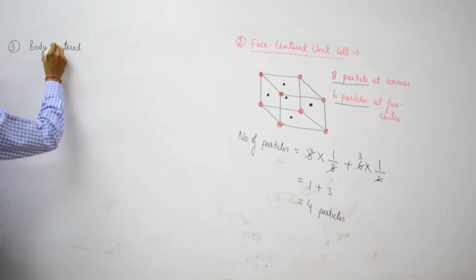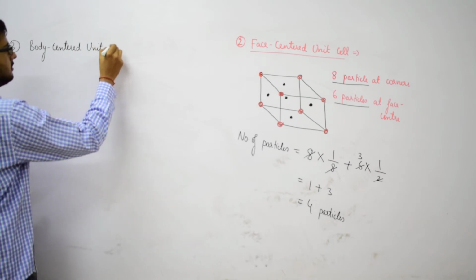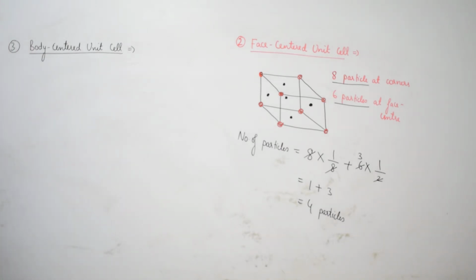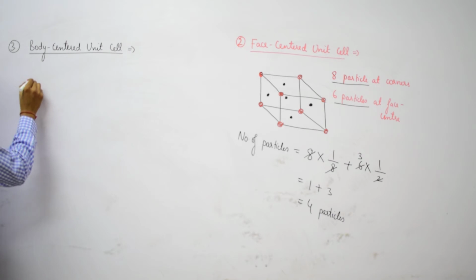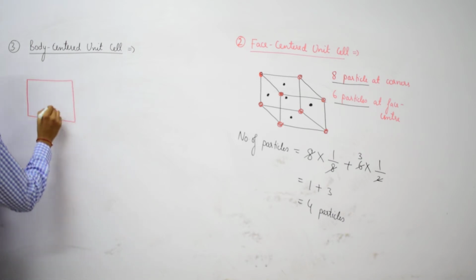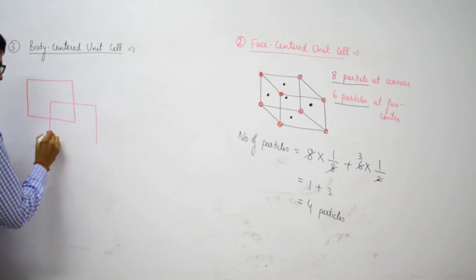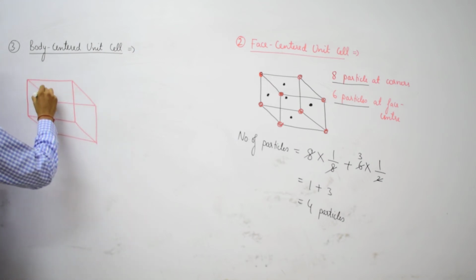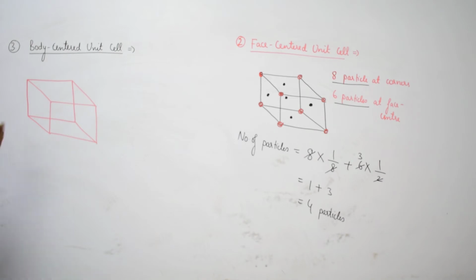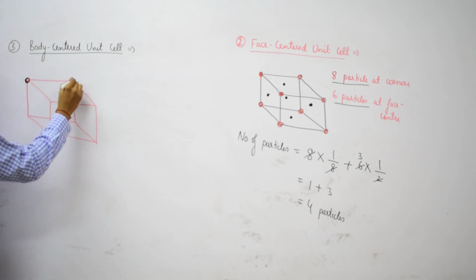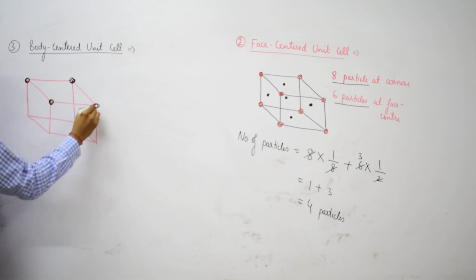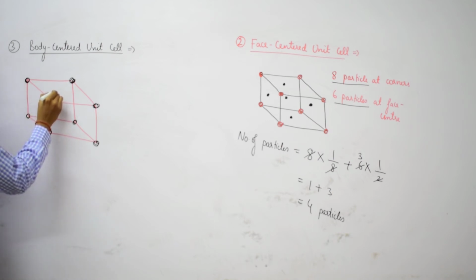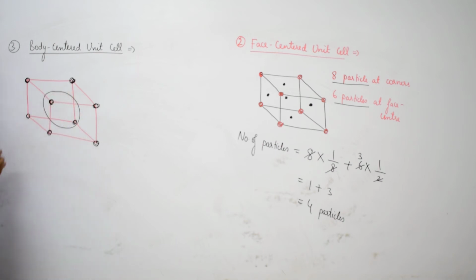In case of body centered unit cell, we have 8 particles at the 8 corners, and we have one particle which is settled at the body center. So, this is the particle which is present on body center.